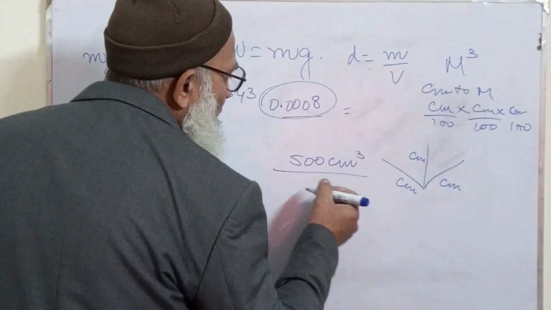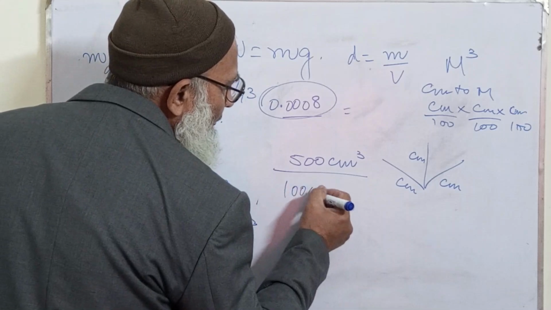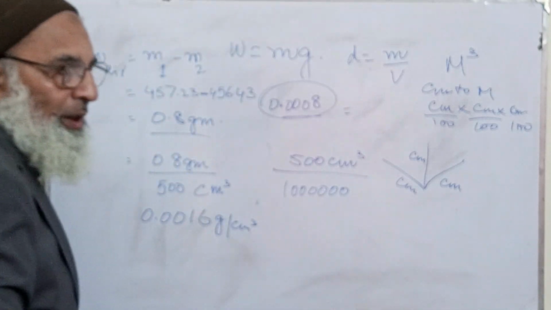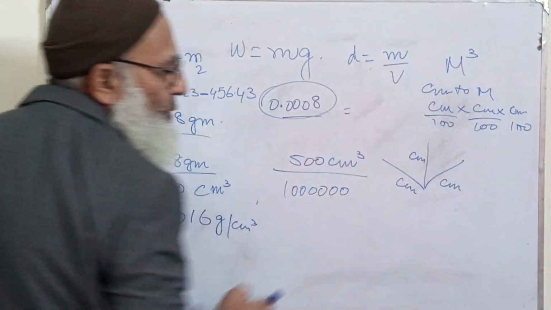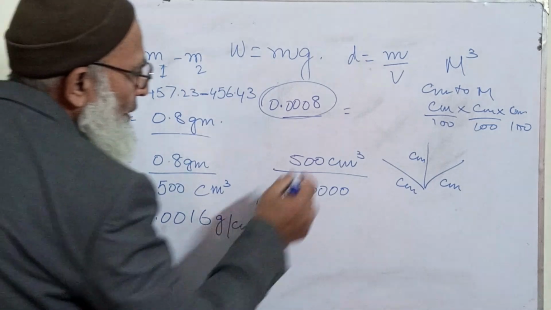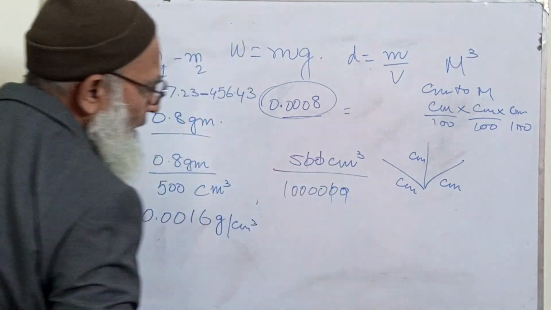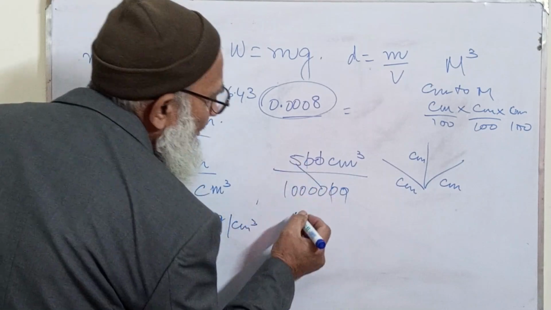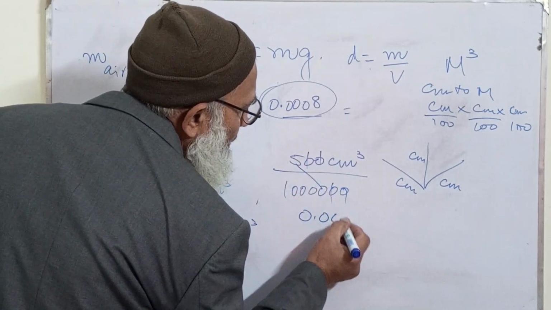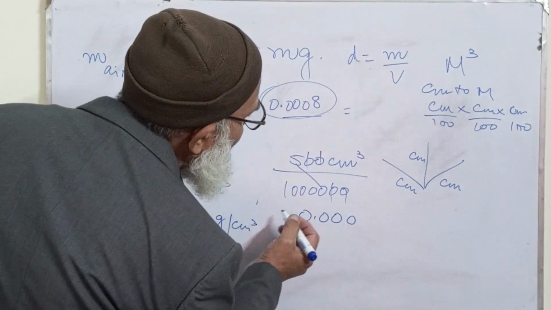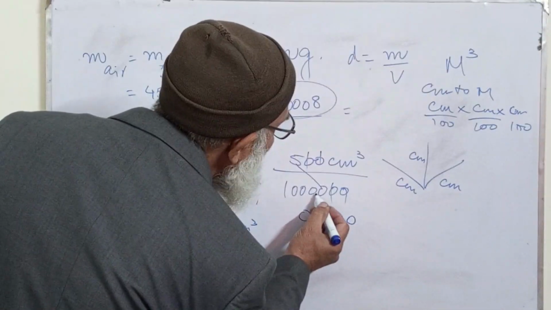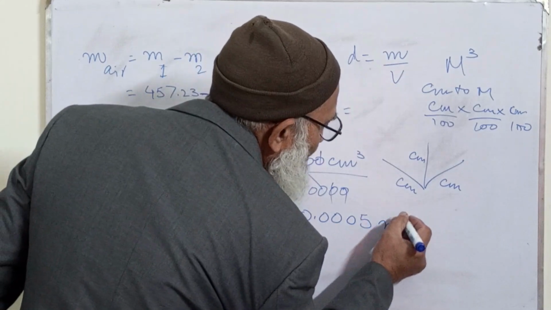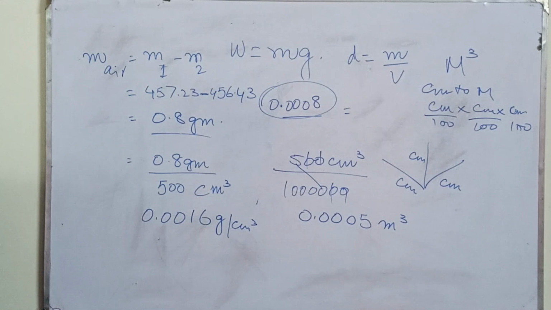When we bring this up over here, it will be 2 zeros for this, 2 zeros for this, 2 zeros for this, because all are being multiplied together. So this zero goes with this zero, and what is left behind is 5 comes over here, and it will become 0.0005 meters cube now.